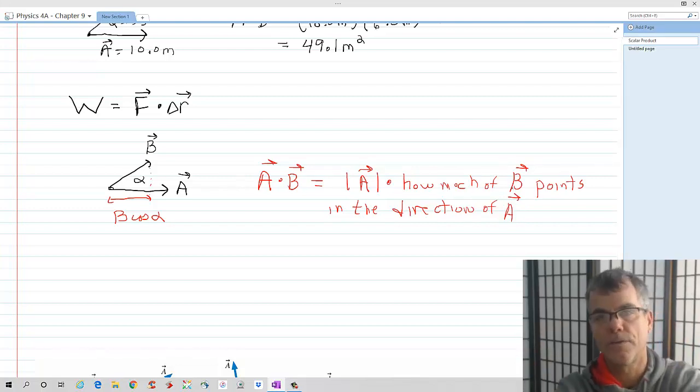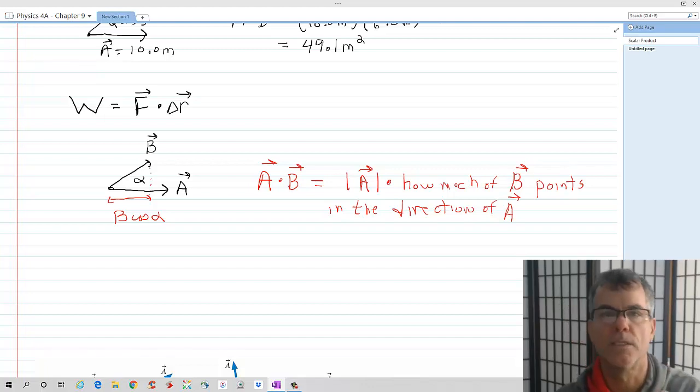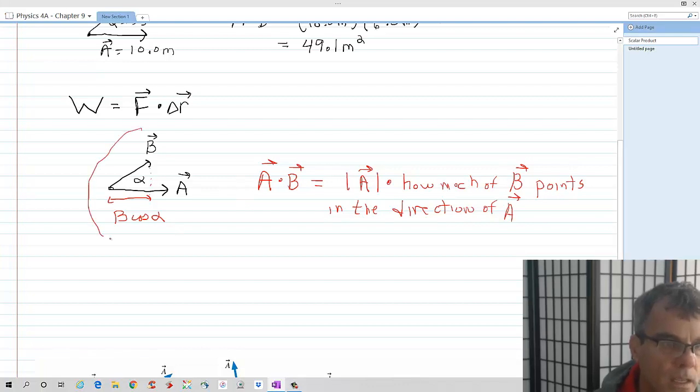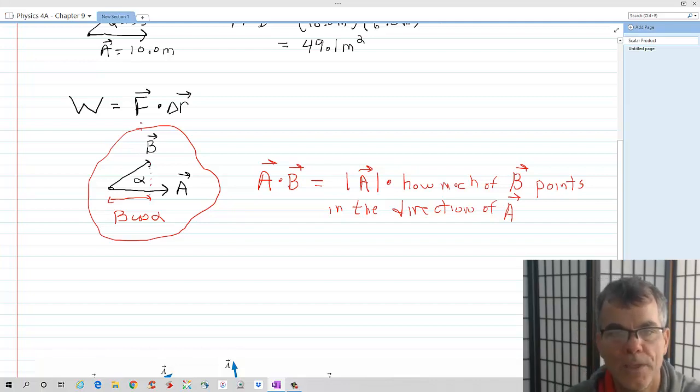It's the magnitude of the first vector times how much of the second vector points along the direction of the first vector. So in this case, the dot product of A dot B is going to be the magnitude of vector A times how much of vector B points along the direction of A.